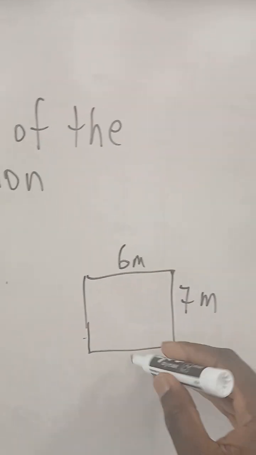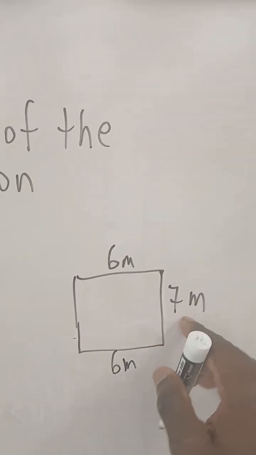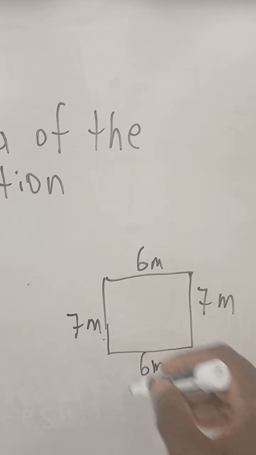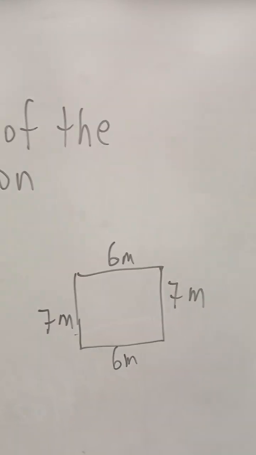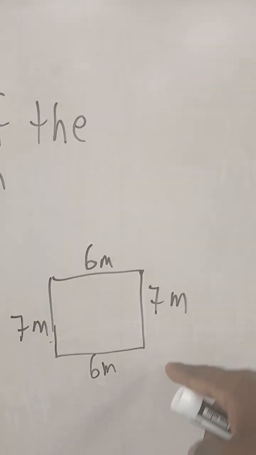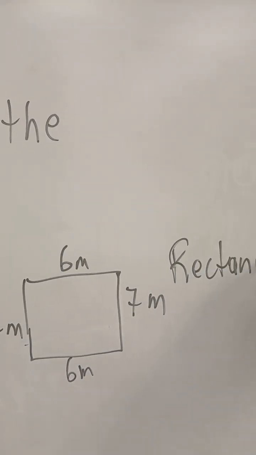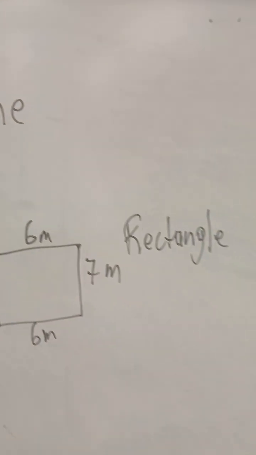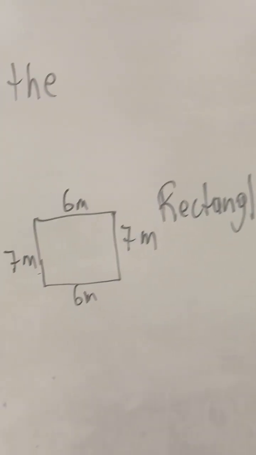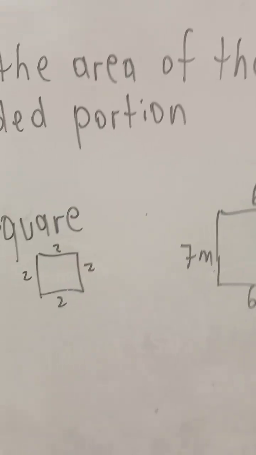The opposite sides are always going to be equal. If one side is longer and one side is shorter, it simply means that it is not a square. It would be a rectangle. It's a rectangle, right? We must also establish what's the area of the square.